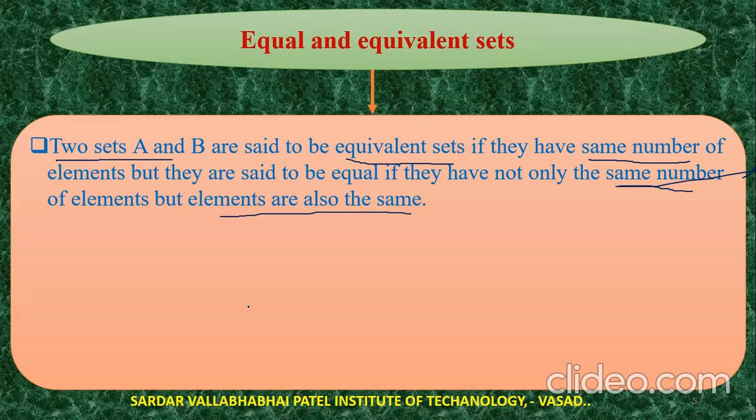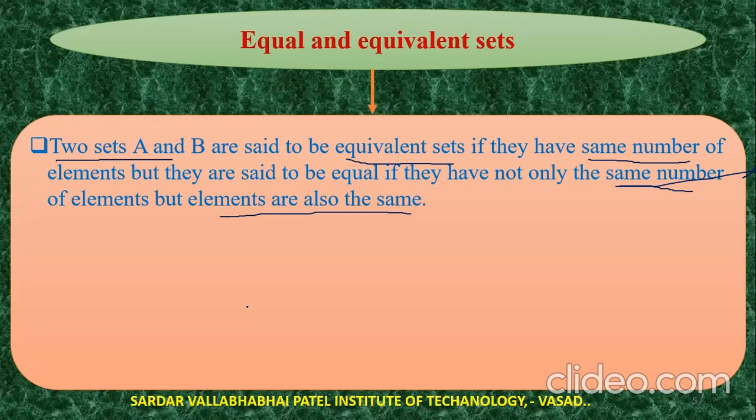So equivalence means that if two sets are given and the number of elements of the two sets are equal, then we can say they are equivalent sets. But equal sets mean the number of elements and the elements are also the same.